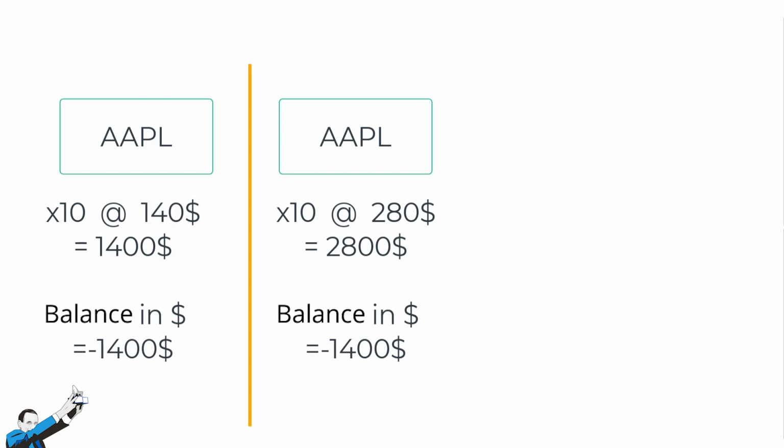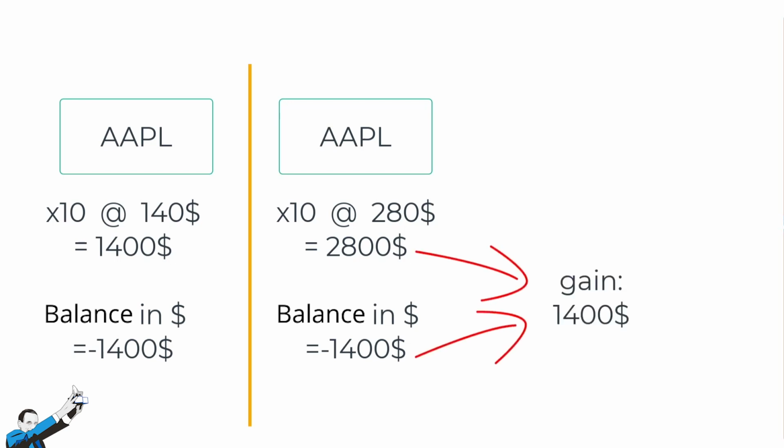And so the spread between these 2 positions will naturally be exposed to risk. Because if I close the transactions and sell the 10 shares at $280 per share, I'll end up with $2,800 minus the $1,400 of debt, totaling $1,400, which I've effectively earned, but is exposed to exchange rate risk.